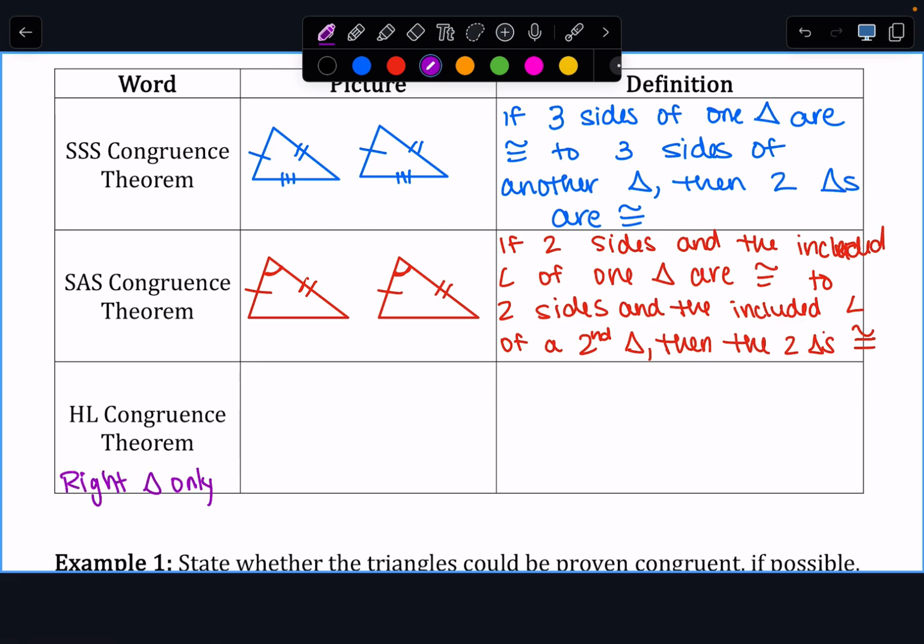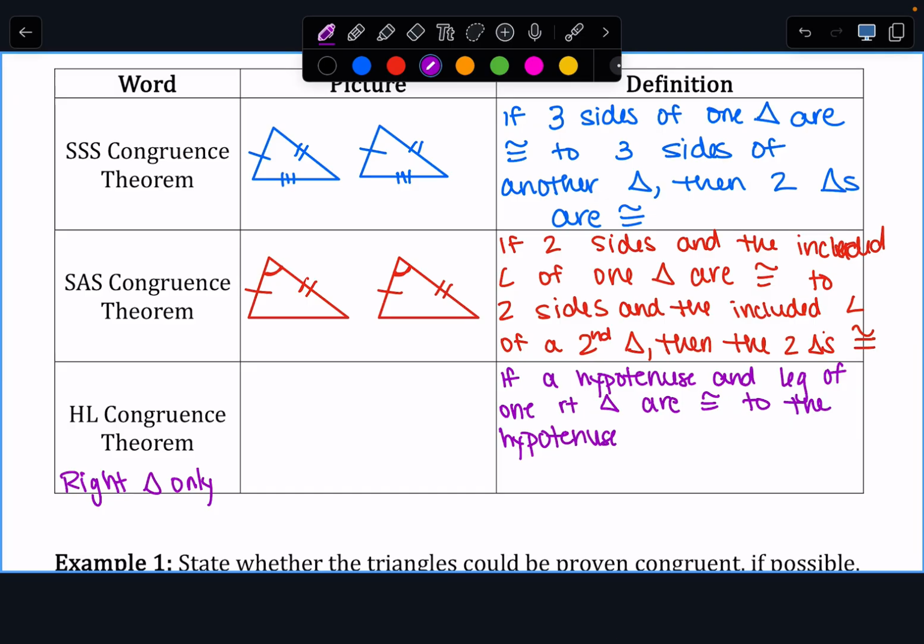If a hypotenuse and leg of one right triangle are congruent to the hypotenuse and leg of another right triangle, then our two triangles are congruent.